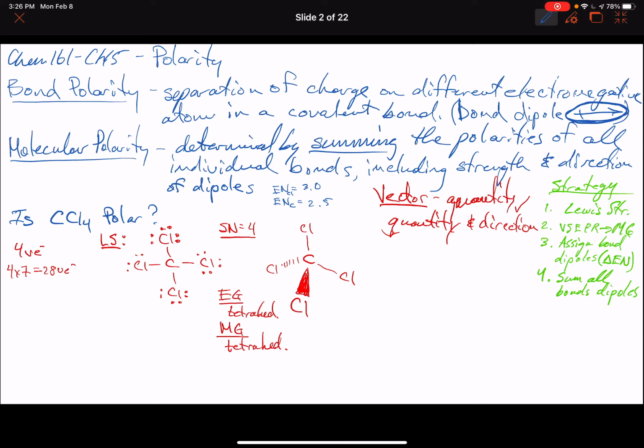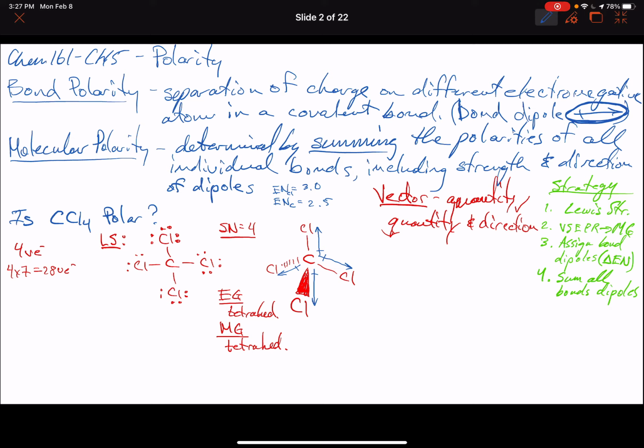So the individual bond dipoles would point towards the chlorine in each case. Good. 4 dipoles, 4 bonds in this CCl4 carbon tetrachloride molecule as a tetrahedron.